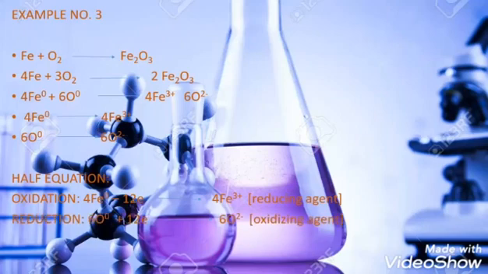And for reduction, it would be 6O0 plus 12 electrons to become 6O negative 2. Since again it's reduction and you are gaining electrons, the symbol would be plus. And where did I get the 12 electrons?